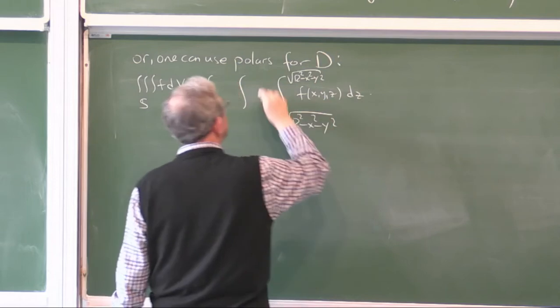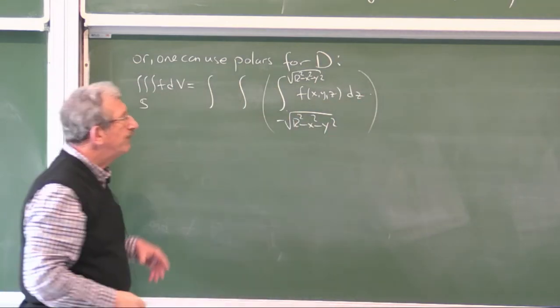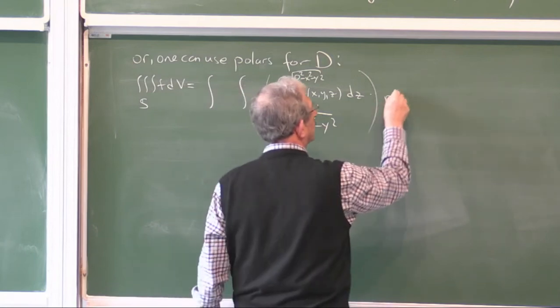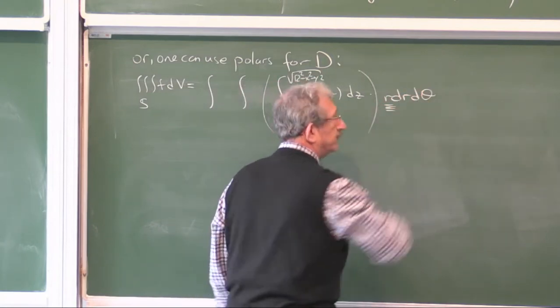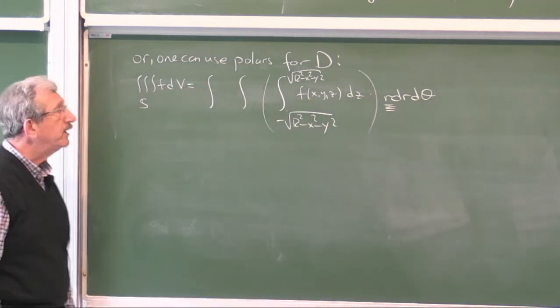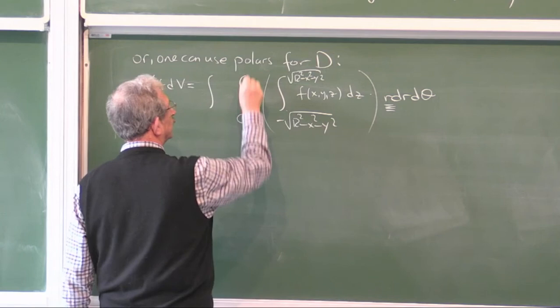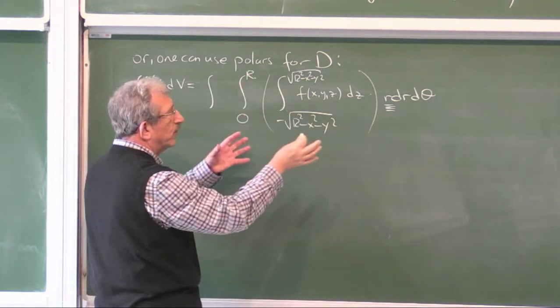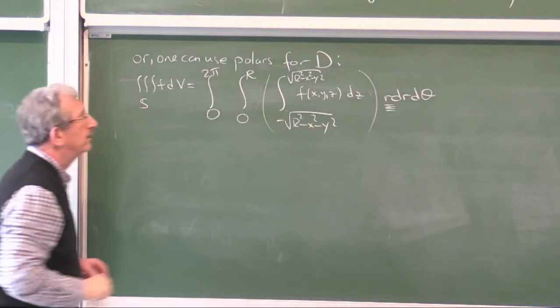Now, changing the rest, this is the integral over D now. If we change it into polars, of course, we have the Jacobian coming, and r will change from 0 to r. We are in a circle of radius r, theta 0 to 2 pi.